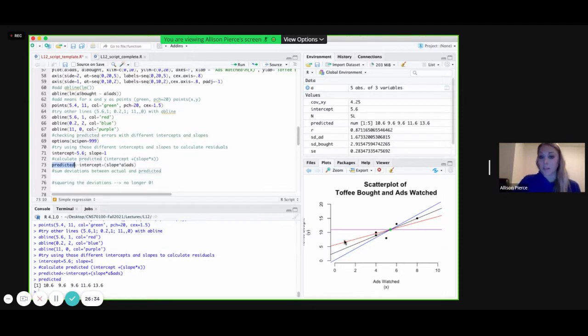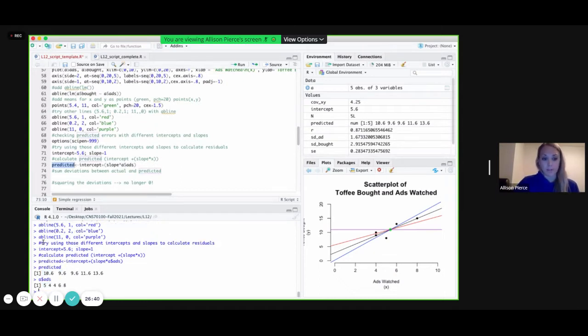If we use the red line, these are the values we would predict. Remember, these are the values we actually have. Do you see the difference between these? It predicted 10, it was actually 5. It predicted 9.6, it was actually 4. So can you see how the red line is not doing a very good job? I'm just going to call the observed values actual.